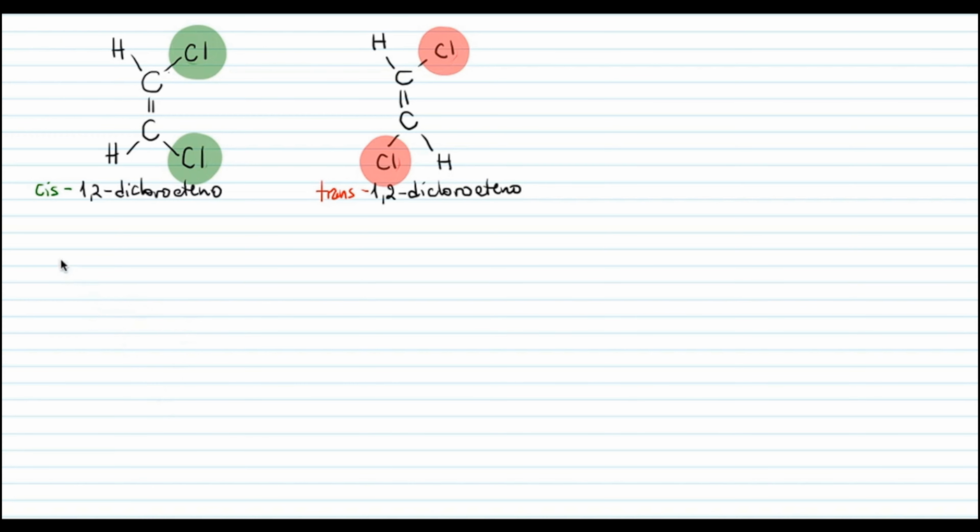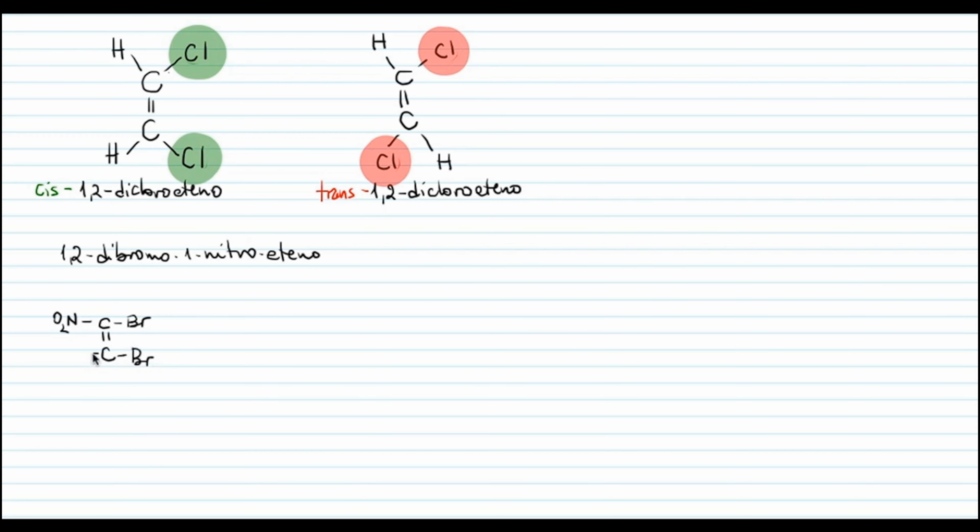I am going to use one more example to make this as clear as possible, and I am going to use the compound 1,2-dibromo-1-nitroethene. I am going to draw it: it has two carbons joined together by a double bond. Carbon 1 has a bromine and a nitro group, NO2, and the second carbon has another bromine and a hydrogen.